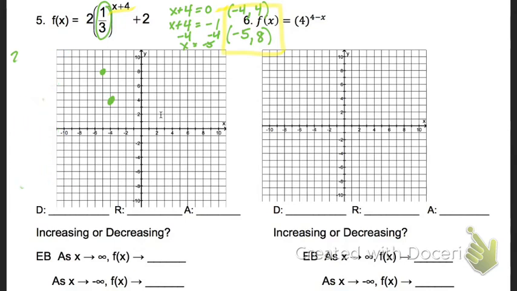Erase this now. What is my vertical asymptote? 2. I'm going to connect the dots and draw the one that is closest to my asymptote next to it. Domain is always all real numbers.